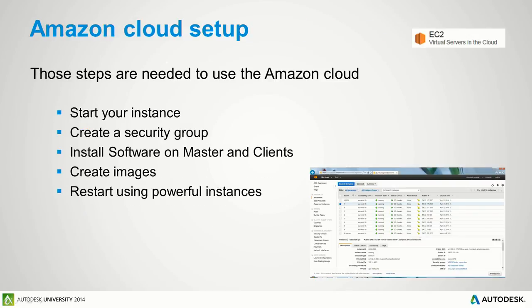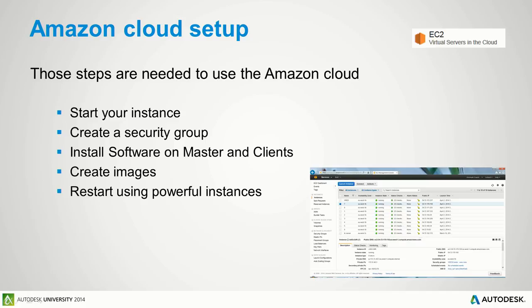So how is the Amazon Cloud setup done? Those steps are needed. You start your instance. An instance is more or less a machine. So the Amazon Cloud calls one node or one computer an instance. You create a security group. A security group acts as a virtual firewall that secures your nodes and is responsible for the traffic.